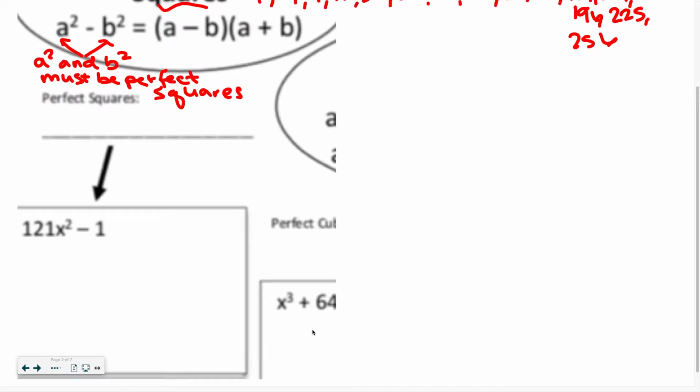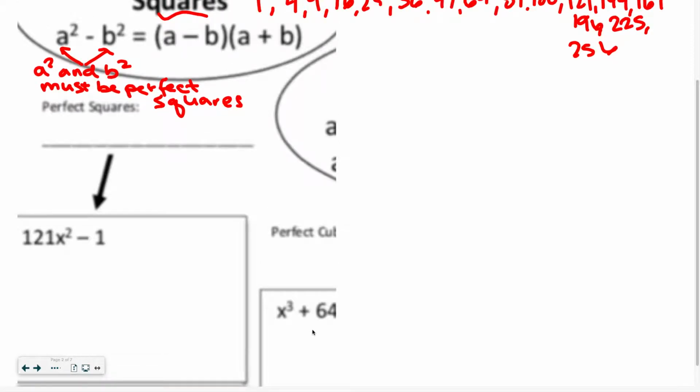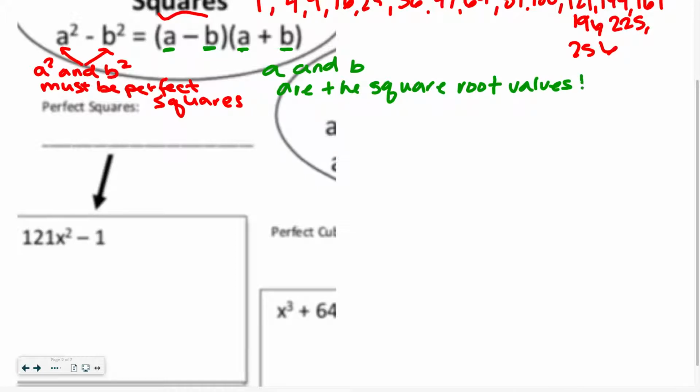The thing to remember about the difference of perfect squares is that a and b are the square root values. So a squared is the perfect square, and you want to use its square root when you factor it. What is the square root of 121? 11.